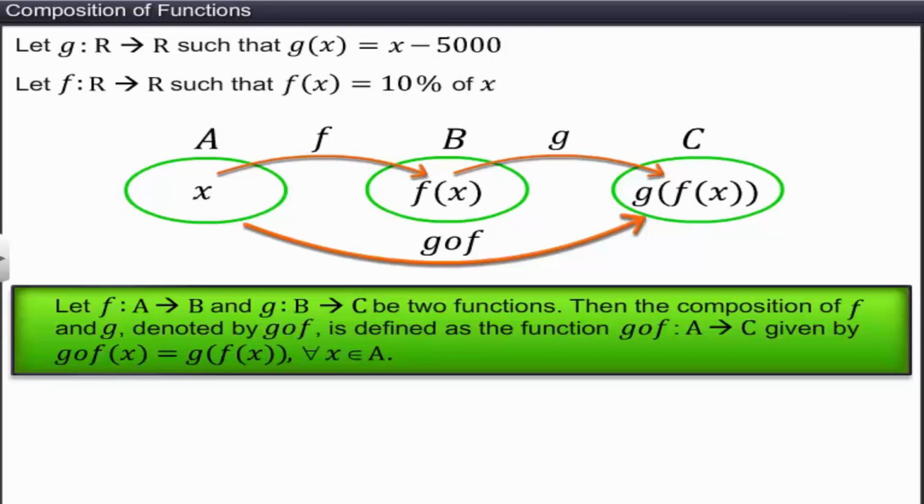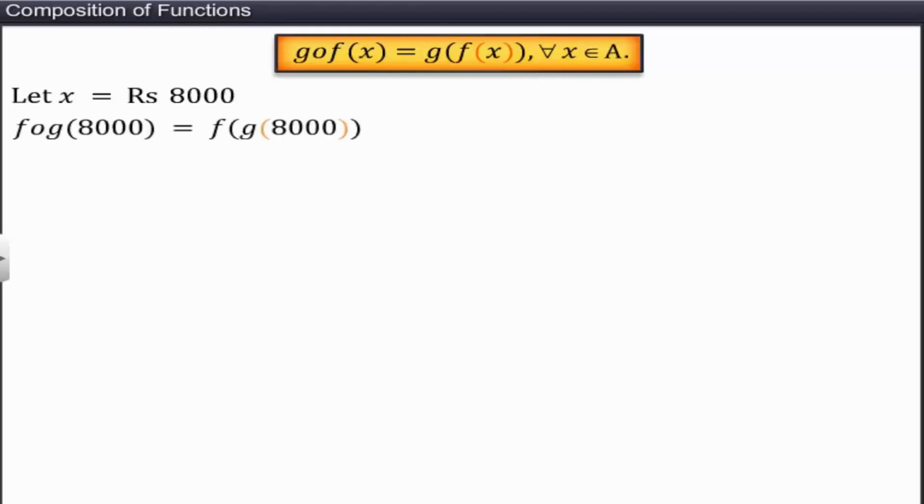In the above case, the purchase is of 8,000 rupees. So taking x as 8,000 rupees, the composition of f and g at x equal to 8,000 is equal to f of g of 8,000. Now, g of x is equal to x minus 5,000.